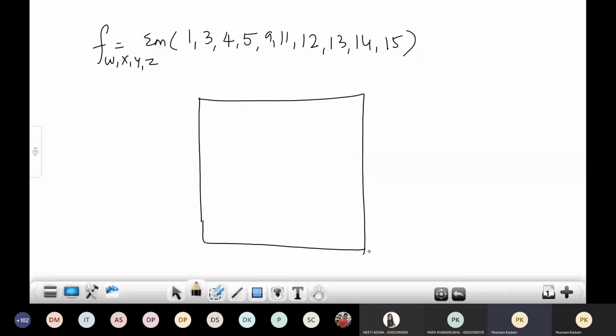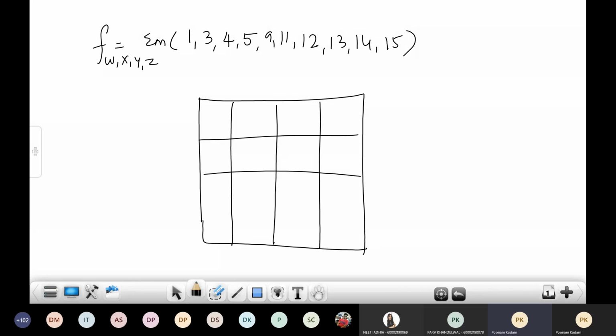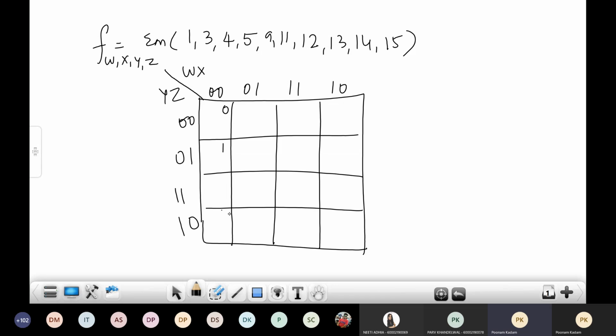It's a 4 variable function, so we require a 16 cell K map. So let us draw a 16 cell K map with W, X, Y, Z. Now we will fill the K map with 1 cells.